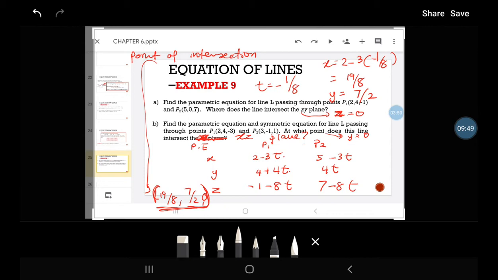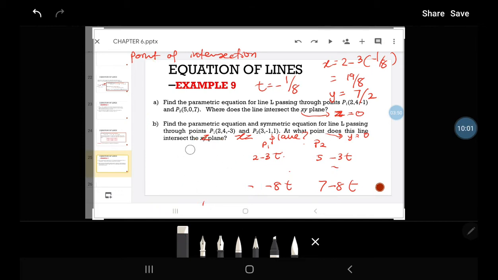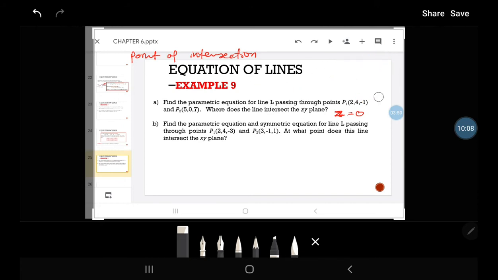Okay, so now we want to try to solve example 9b. I'm going to erase everything. Example 9b wants us to find the point of intersection.